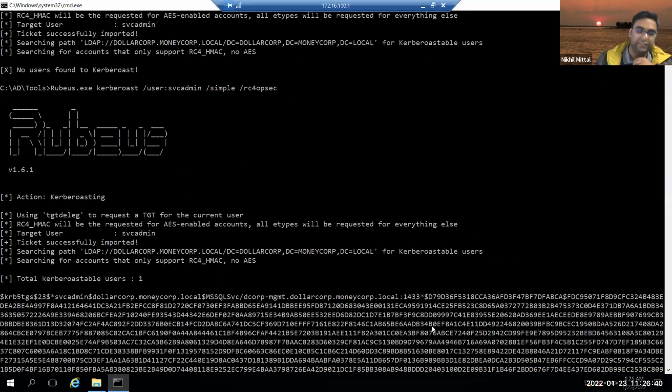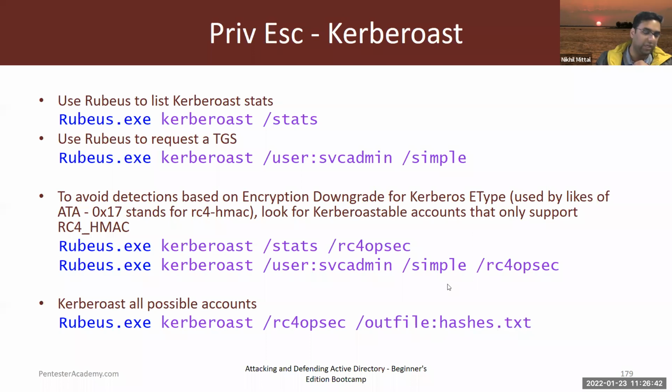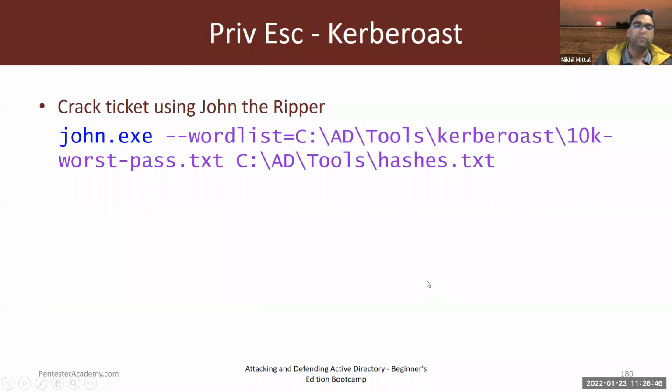Once we have the hashes saved to a file using the outfile parameter, we can pass that on to John the Ripper. Of course, the possibility of success and the speed with which you crack these hashes, if you do at all, depends entirely on how good and customized your word list is to the target environment.